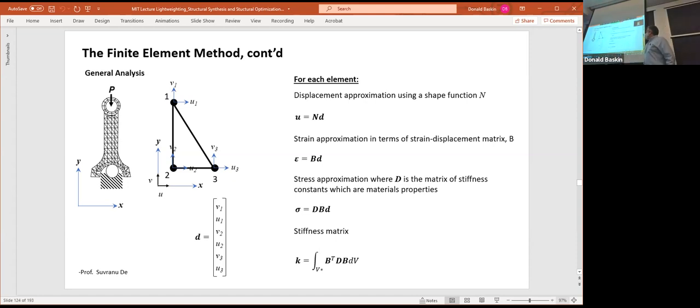And then you can calculate out the stiffness matrix for that element over its volume. It's equal to the transpose of B times D times B times this little piece of volume. You have this B transpose and this B in here because that makes it a square matrix, which makes it easier to multiply times D, the stiffness matrix.